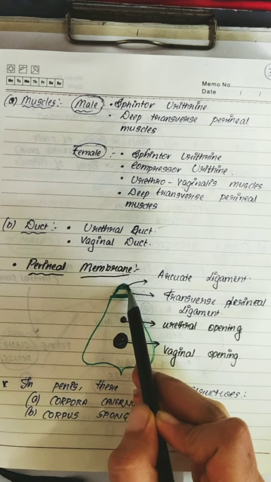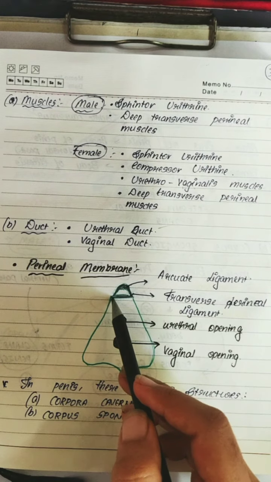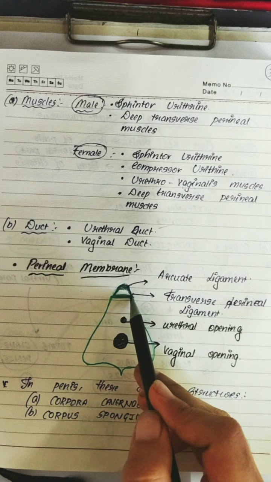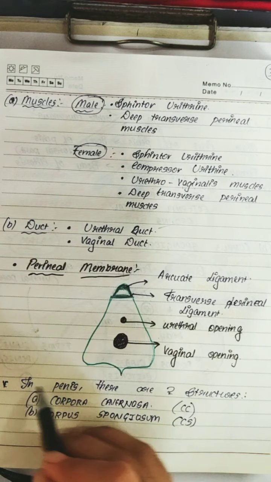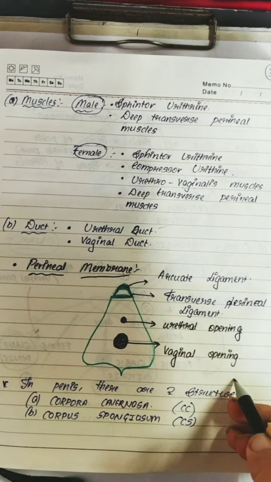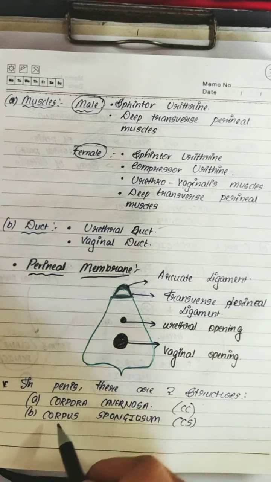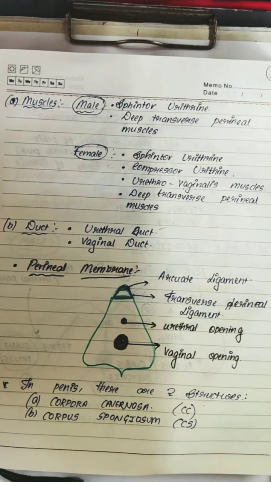This part is the arcuate ligament, and this structure is known as the transverse perineal ligament. In penis there are 2 structures, that is corpus cavernosa, which I'll be mentioning as CC, as well as the corpus spongiosum, which I'll be mentioning as CS.